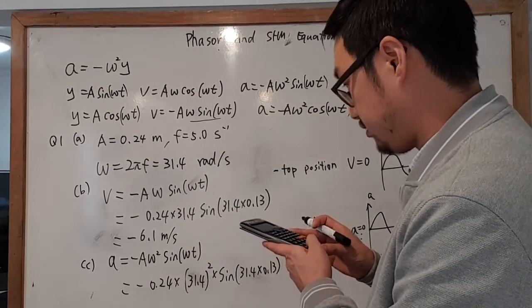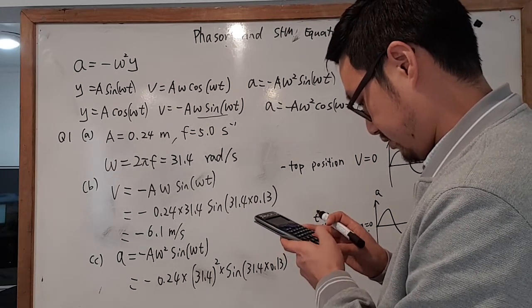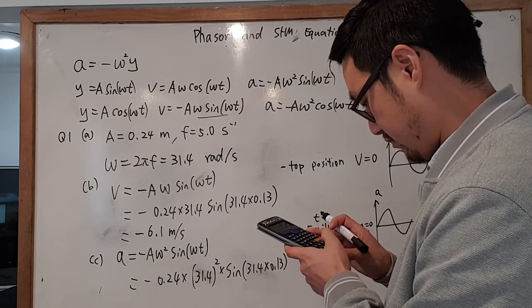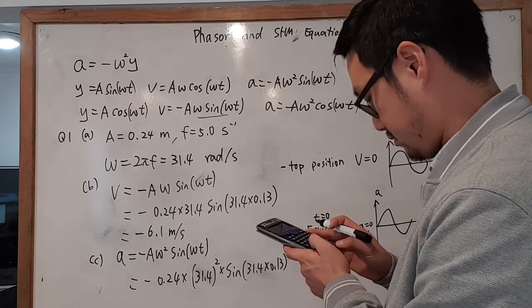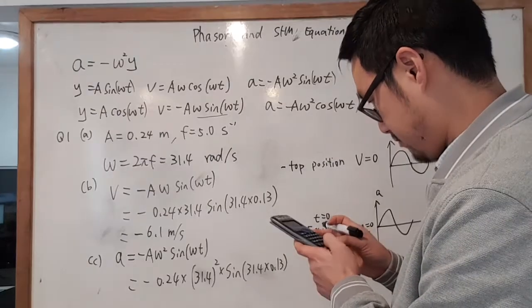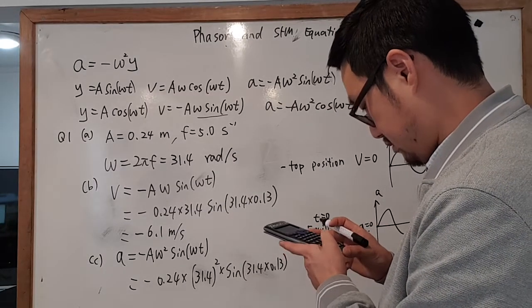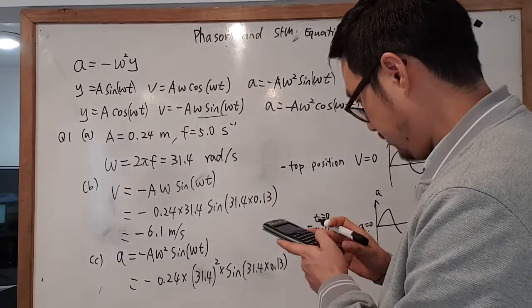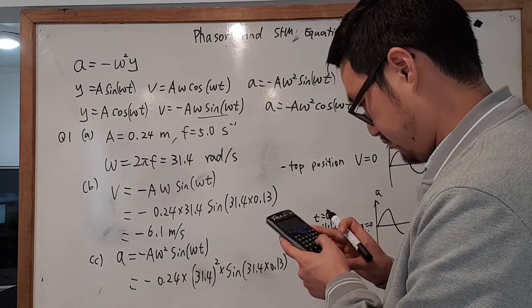So 0.24 times 31.4 times 31.4 times sine 31.4 times 0.13 bracket.